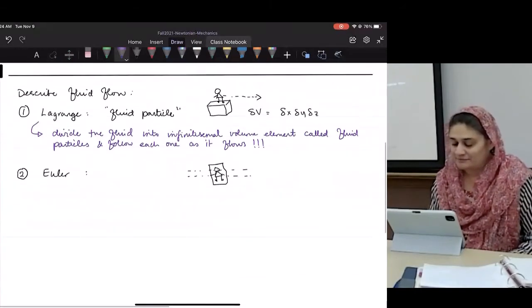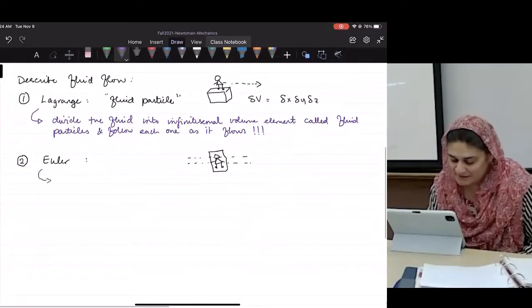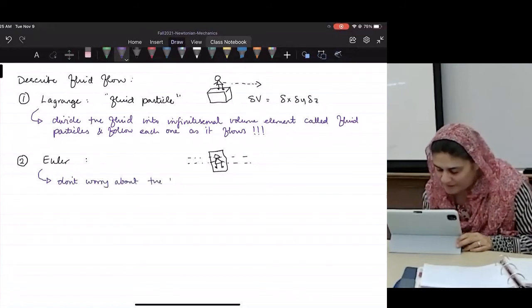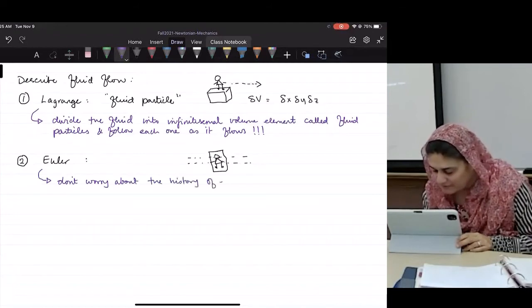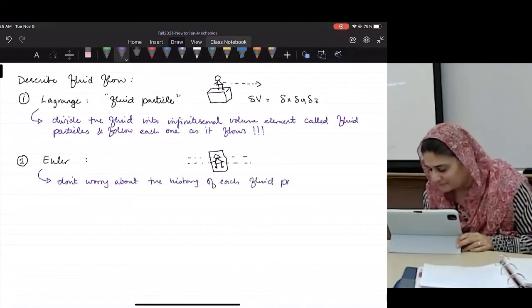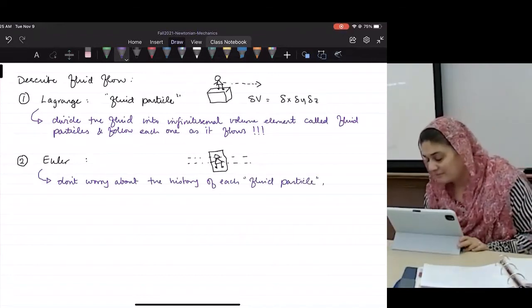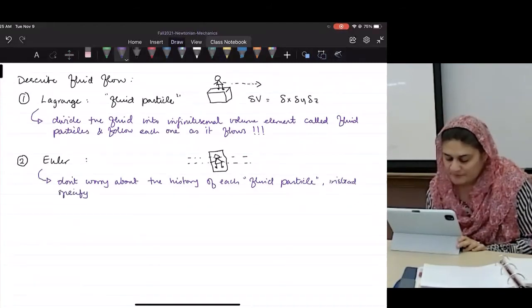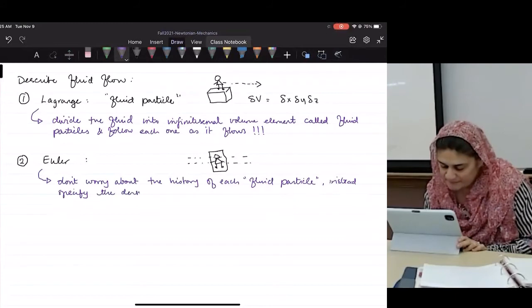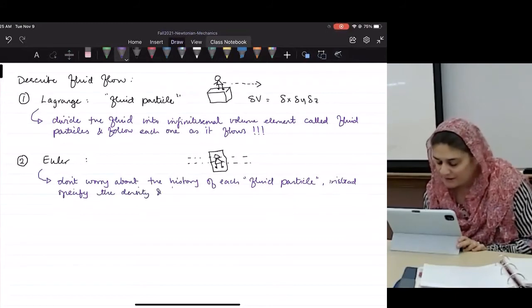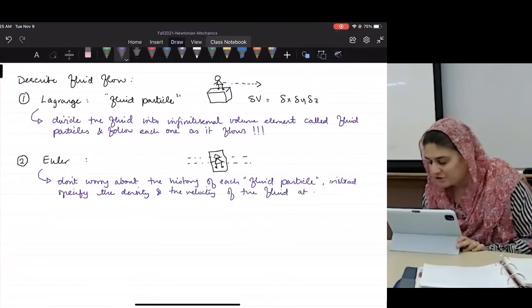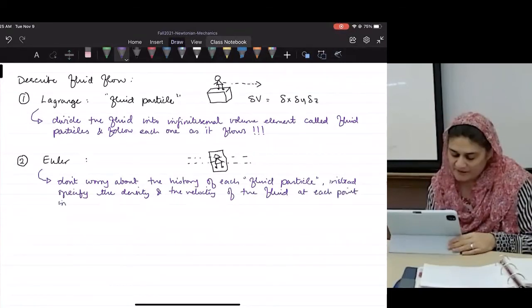Then Euler came along and said, don't worry about the history of each fluid particle. Instead, specify the density and the velocity of the fluid at each point in space.